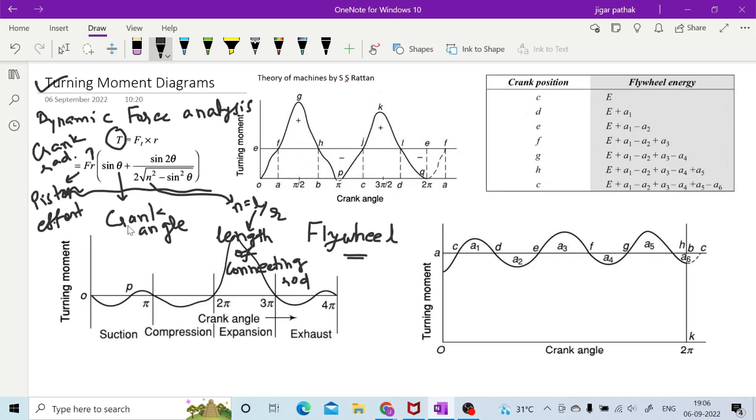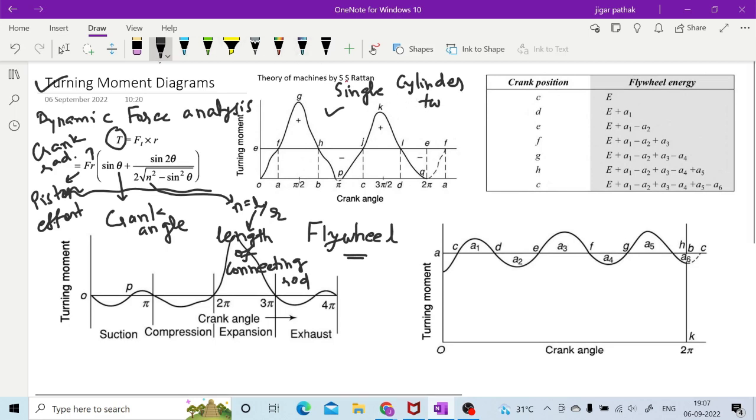So this is how you have this relation between your turning moment and the crank angle, right? Now if we see these different diagrams one by one, this particular diagram is of a single cylinder double acting engine, or you can say 2-stroke, whatever, right?